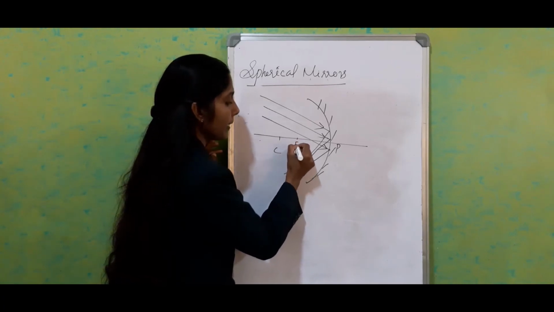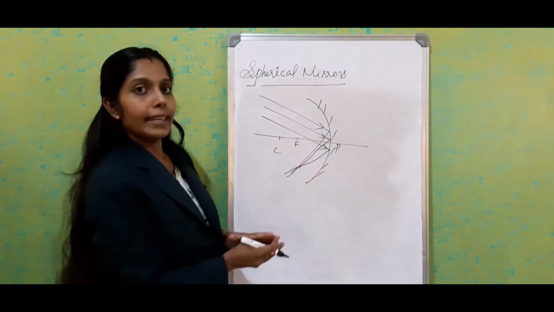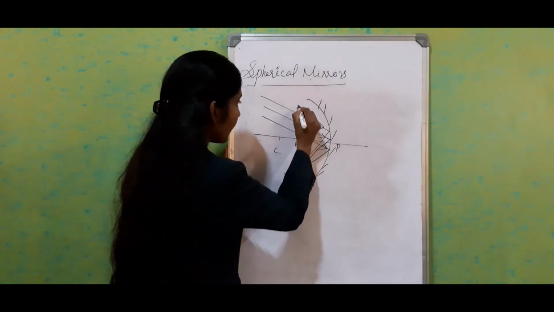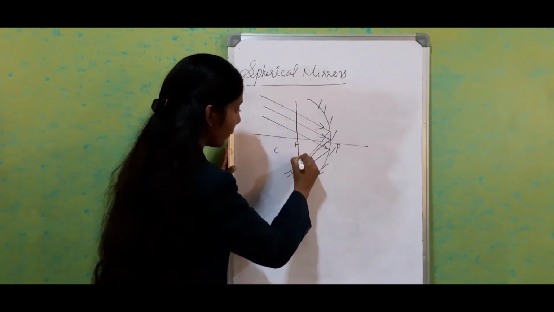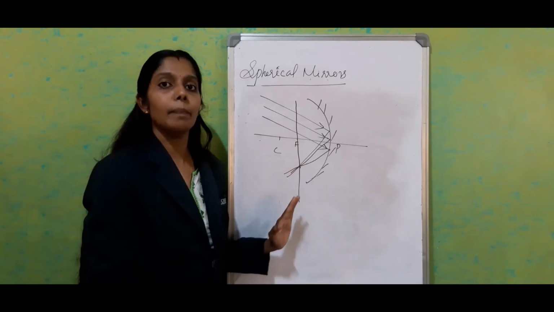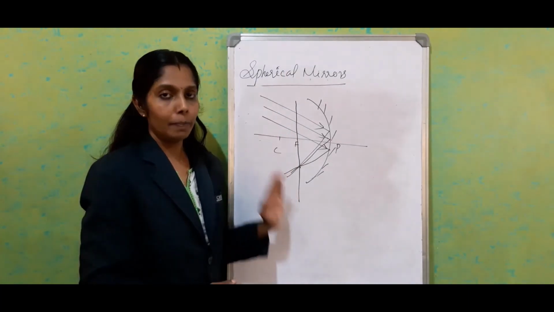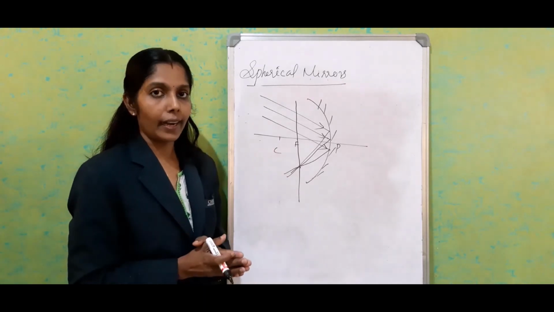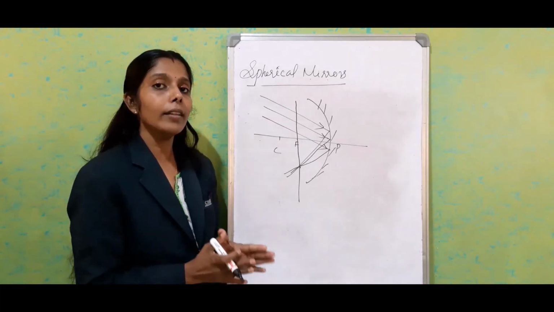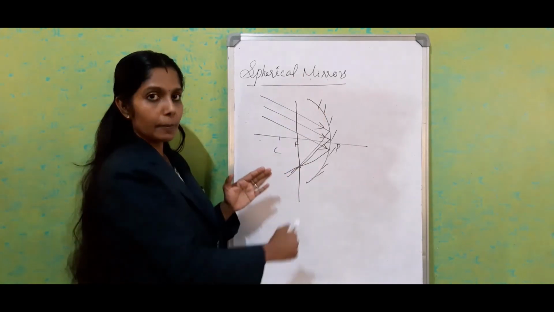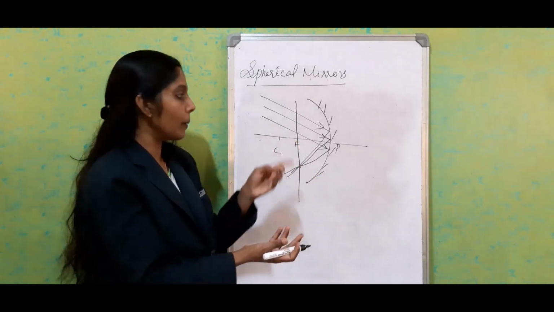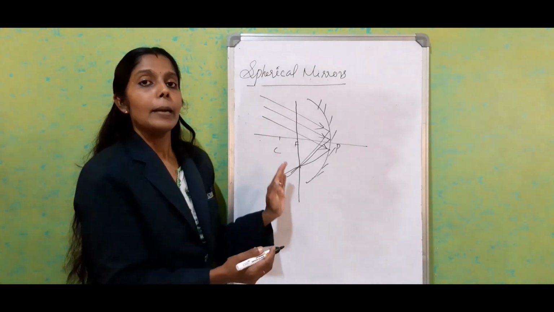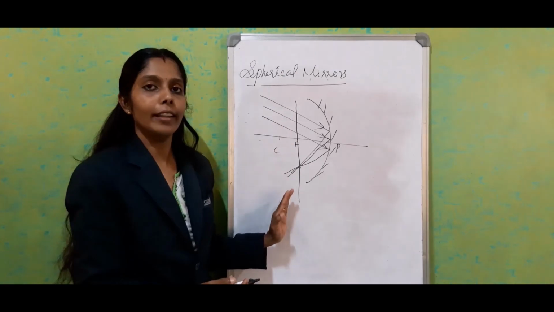Consider this is our original focus, and the slanted rays after the reflection join at a point. If we draw a line passing through the focus and this point, we can consider it as a plane. We call it the focal plane. Any kind of rays, inclined rays or any rays, after the reflection will meet at a point on the focal plane. Anywhere in this plane, we cannot always say that it will be on the focal point, but it can be above the focal point or below the focal point, but always it will be situated on the focal plane.